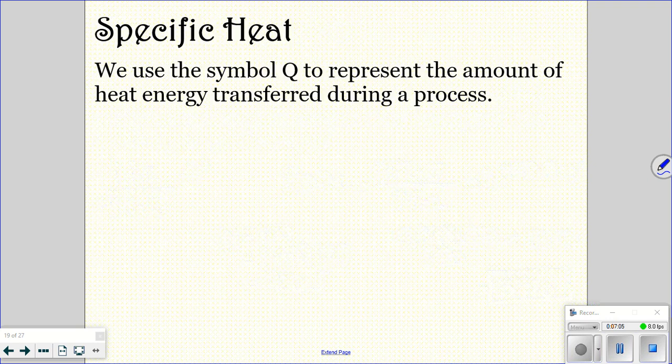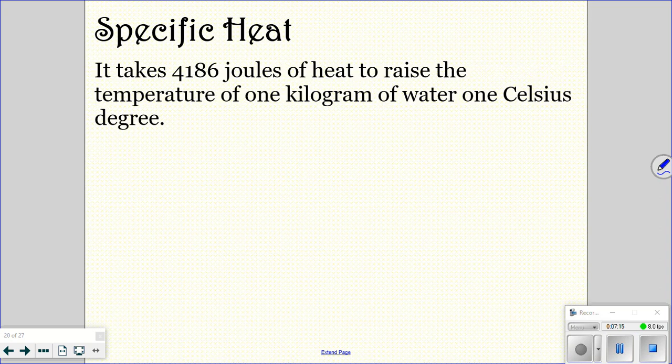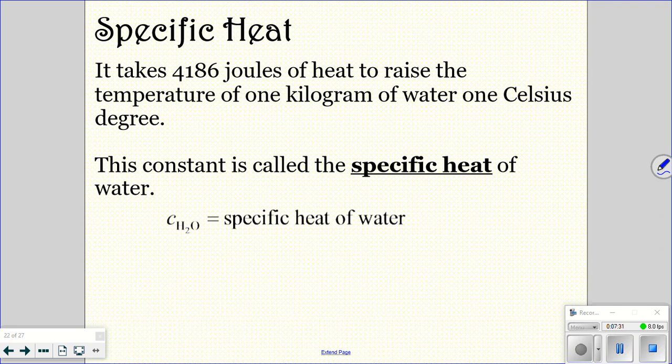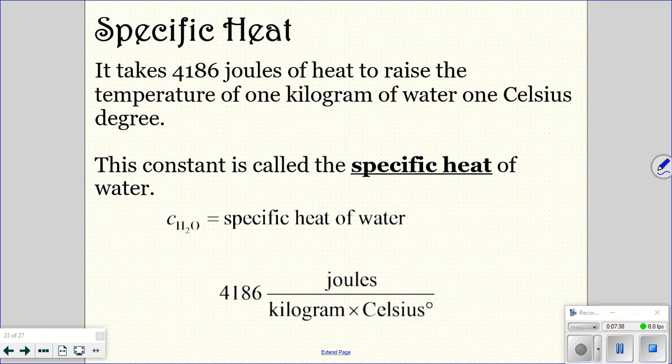Now we're going to look at specific heat. We use the symbol Q to represent the amount of heat that is transferred during a process. So if it takes 4,186 joules of heat to raise the temperature of 1 kilogram of water 1 degree Celsius, this constant is called the specific heat of water. So C sub water is your specific heat of water, and it is 4,186.